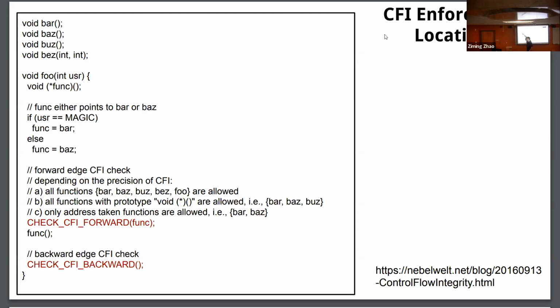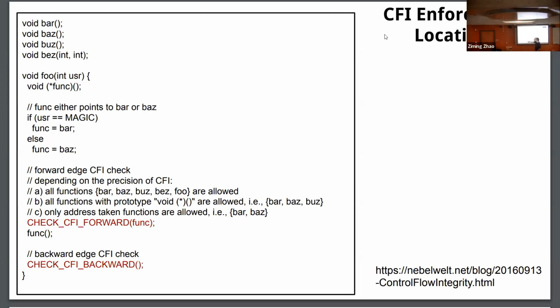Even if it calls one of these, there may still be errors, right? Let's say the user is magic, you're supposed to call this function, but somehow the user overwrites this function pointer to bass, and you call bass. If we make a check here to see if it's one of these, it's still not really a valid one, right?